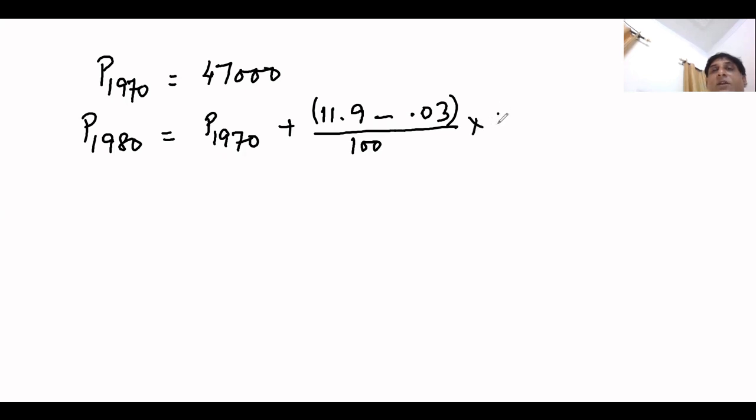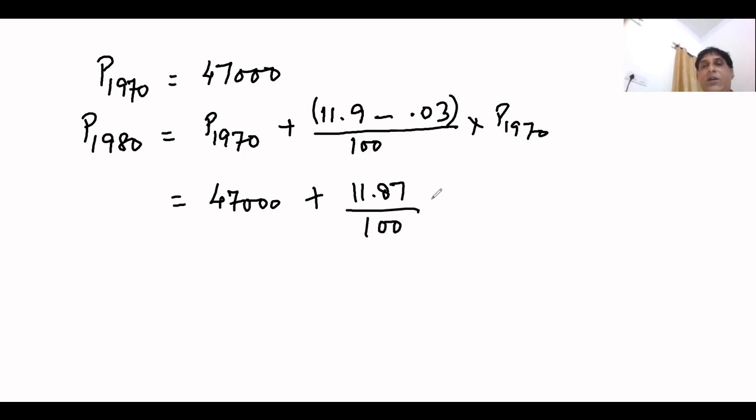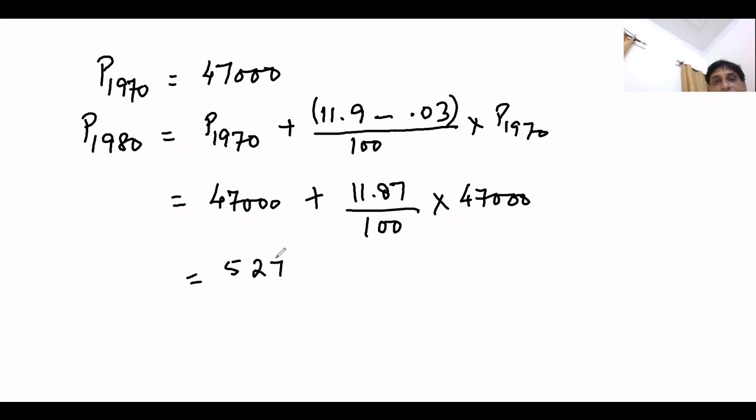The population of 1970. So this would be 47,000 plus 11.87 upon 100 into 47,000, right? So this would work out to say 52570.